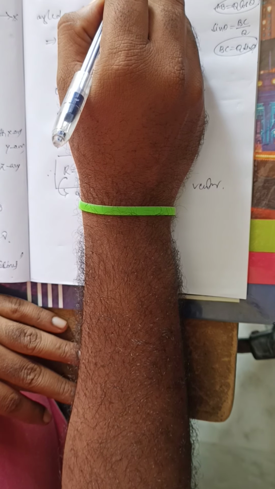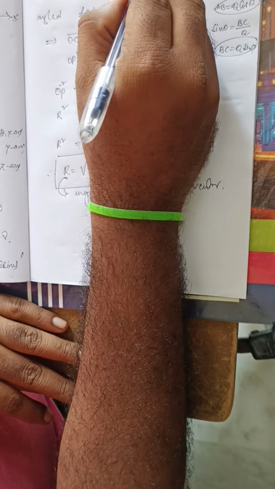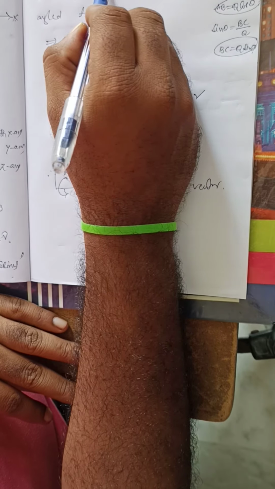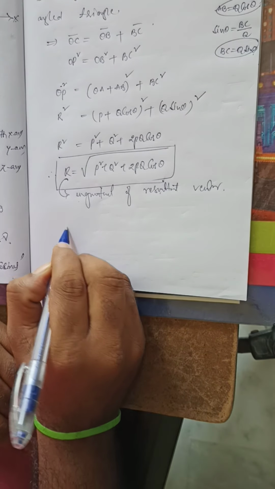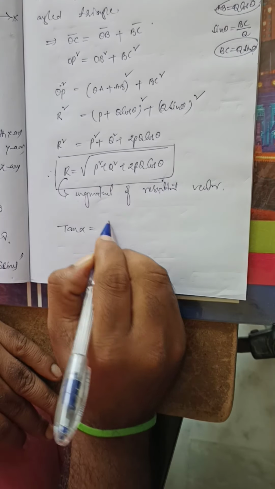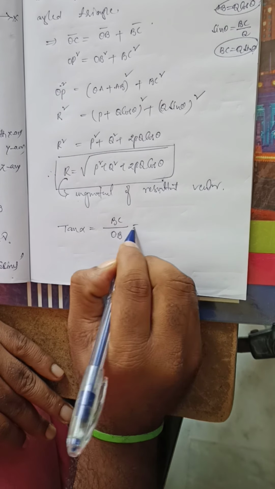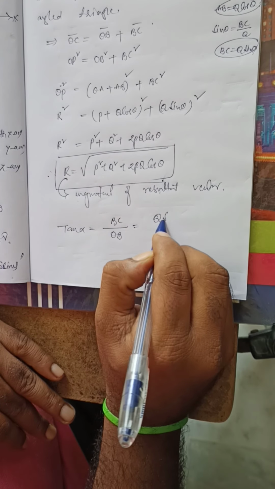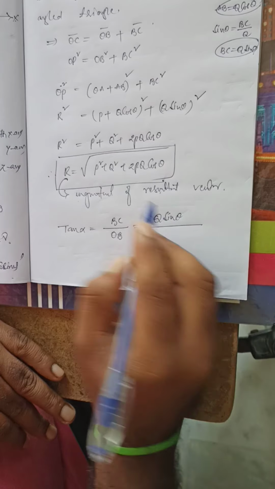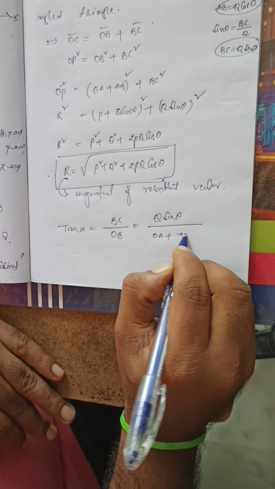Now if the resultant vector makes an angle alpha with P bar vector, you have to remember, then tan alpha is equal to opposite side BC by adjacent side OB. BC is equal to Q sin theta, and OB is nothing but OA plus AB.